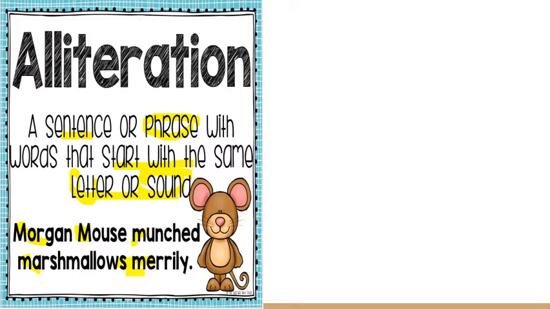And there you can see the M sound is repeated. Morgan Mouse munching marshmallows merrily. And the picture that should invoke for us is that, that must be nice, that Morgan is munching his marshmallows. So the picture of Morgan enjoying his marshmallows.